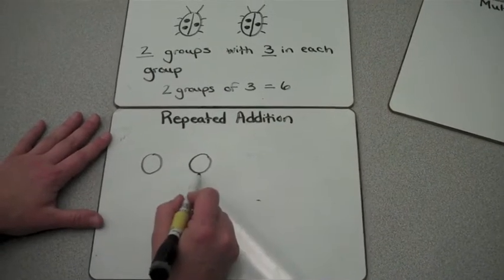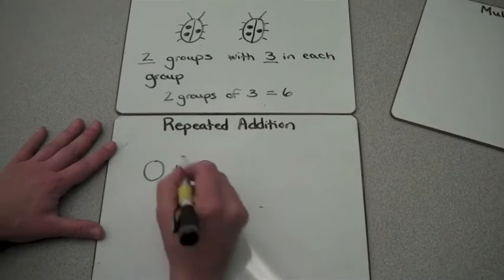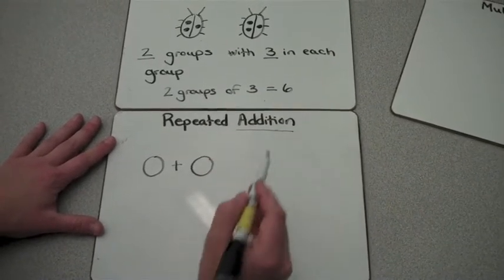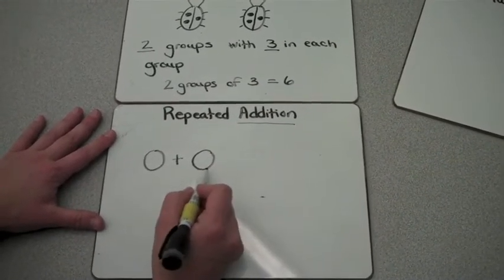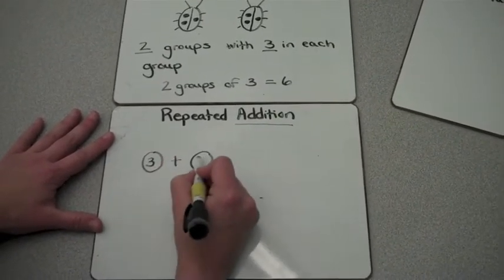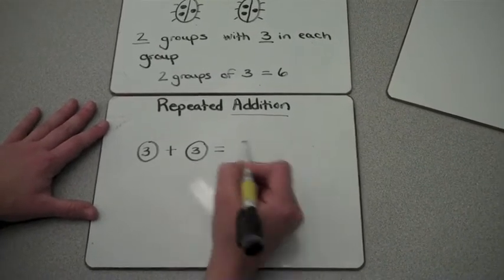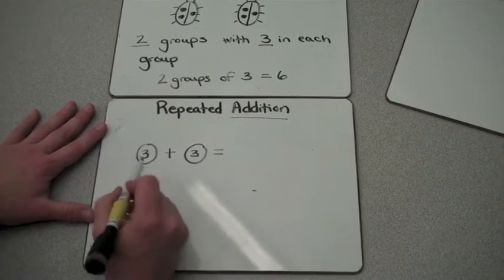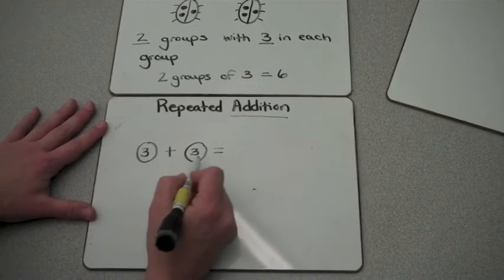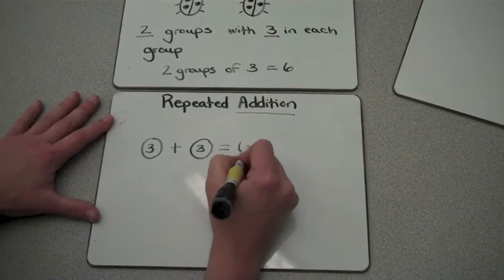So here are my two groups, and I'm going to put a plus sign in between because this is repeated addition. In each group I have 3. So I'm going to write the number 3 in each of my circles. Then the students solve for the problem, and that problem is 3 plus 3, and the student should know that 3 plus 3 is equal to 6.